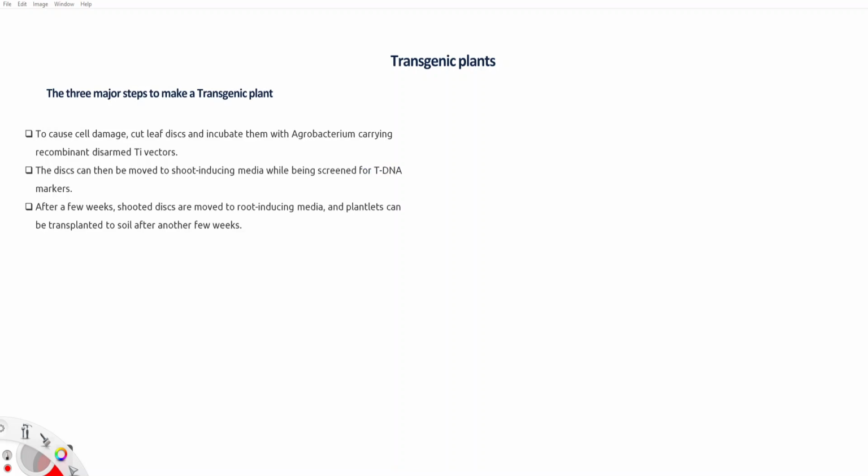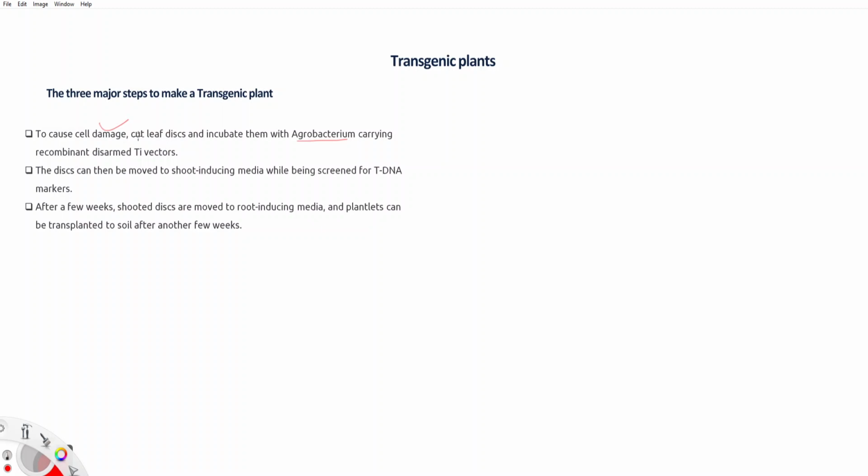So now that you have this background information, we can jump into the three major steps that need to be followed in order for us to have this transgenic plant. The first one is, when you have the plant of interest, or the leaf at least, you need to cause cell damage because the bacteria need a point of entry.